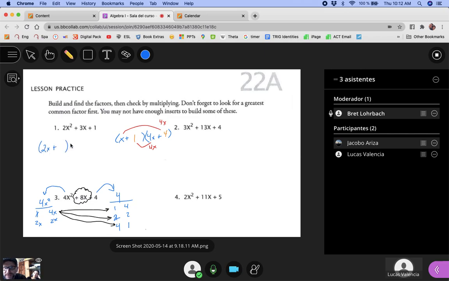I could have set up the 2x like this, and my 4 could have been like this. Check the middle term. This also gives me 4x and 4x. So, ooh, that's interesting. This combination has 2 answers.